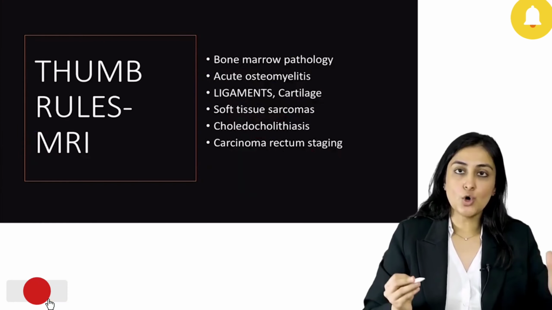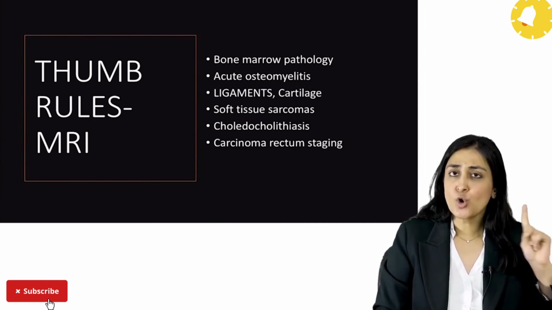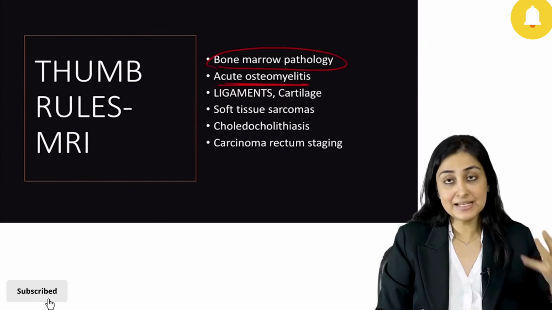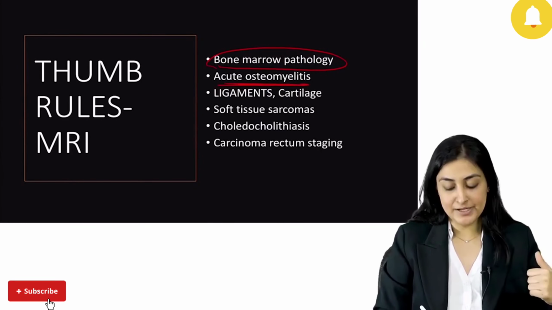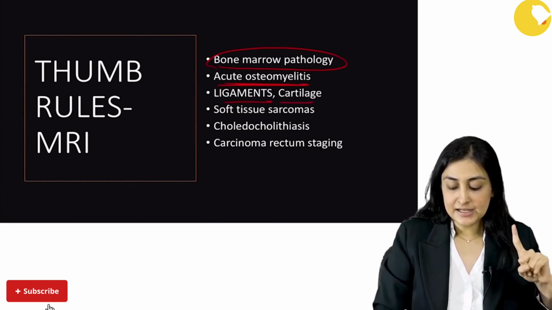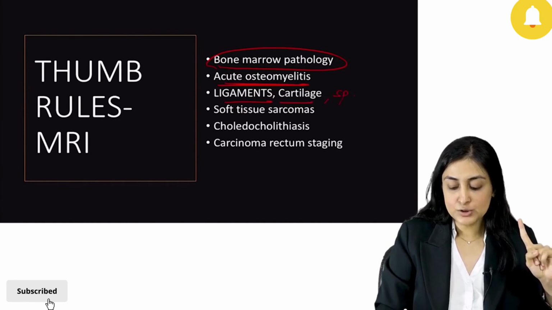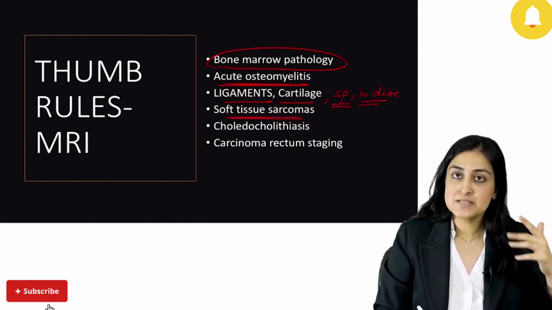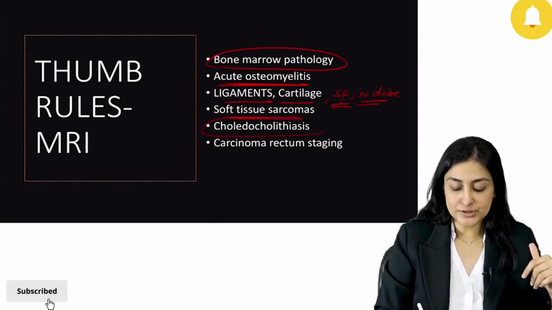Apart from this, when we talk about orthopedics, we saw cortex CT, but for bone marrow pathology or bone marrow edema in osteomyelitis, MRI. Any ligament, any cartilage, any spinal cord or IV disc pathology I want to see, I will do MRI. Soft tissue sarcomas, again MR. Choledocholithiasis.